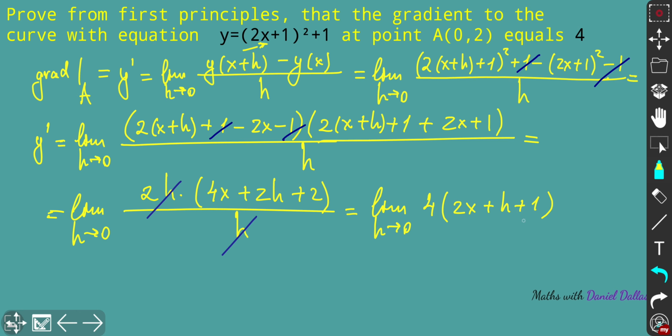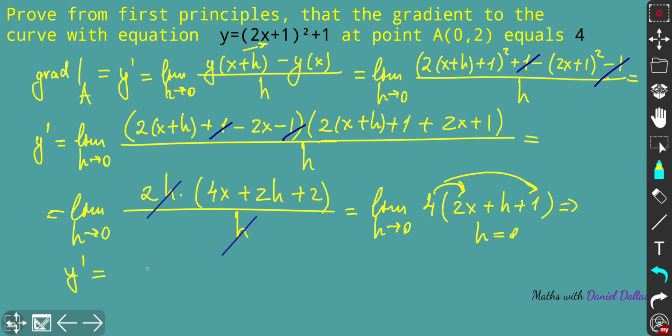Okay, now everything is ready to find the gradient at a given point. Right now we're applying the limit, and finally we'll get the derivative, the general expression. So 4 times 2x, okay, I can expand brackets. It's going to be 4 times 2x and 4 times 1, because h is simply 0.